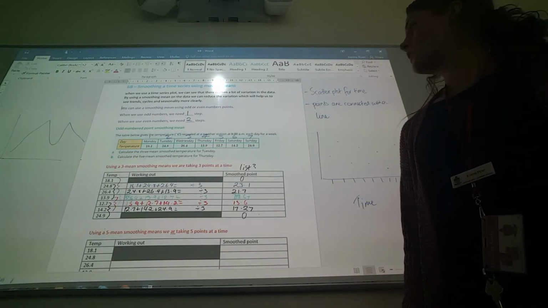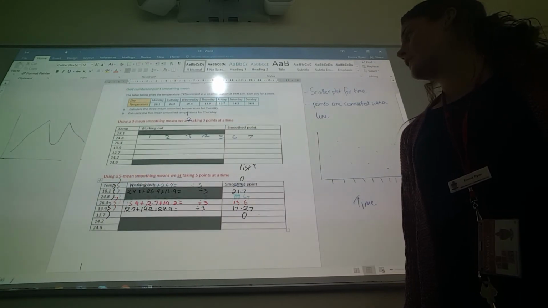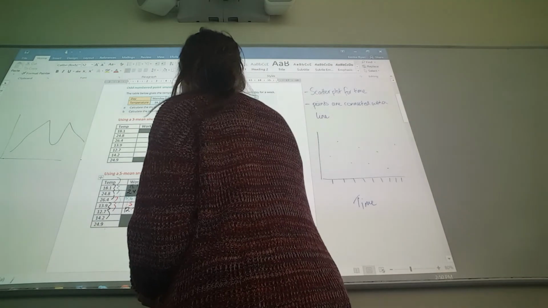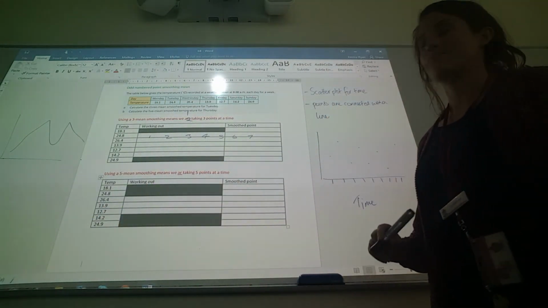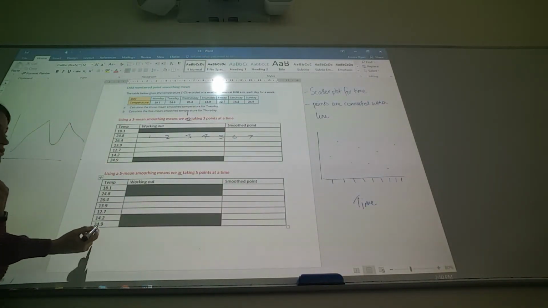Okay, so if we go down to the next one we're using a 5 mean smoothing, which means we're taking 5 points at a time. So to take 5 points at a time, we're going to lose the first 2 and the last 2.